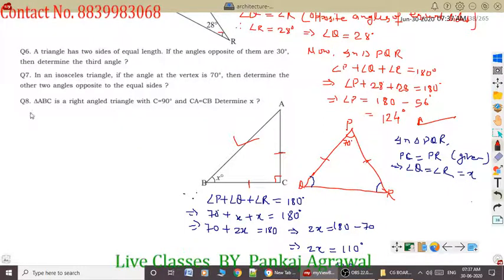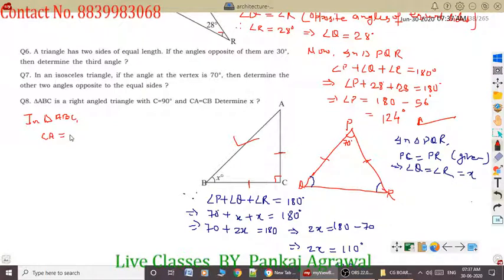So you can write here, in triangle ABC, what is given?